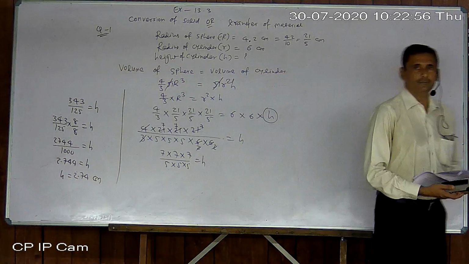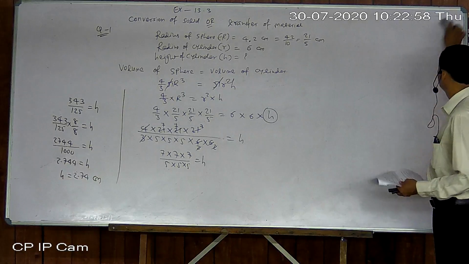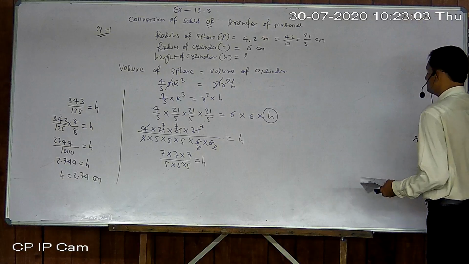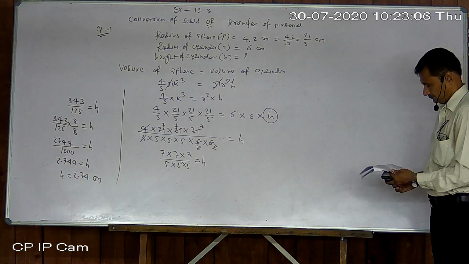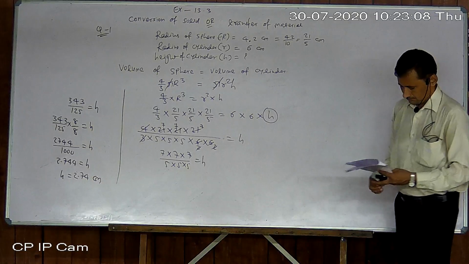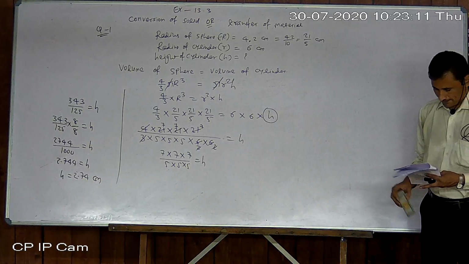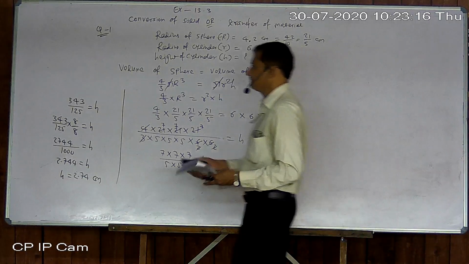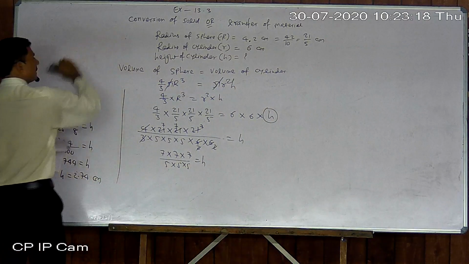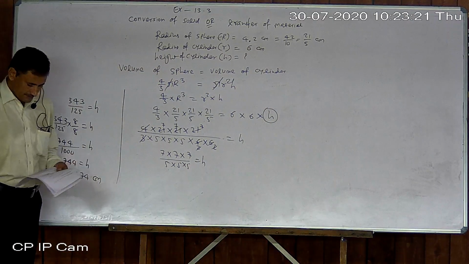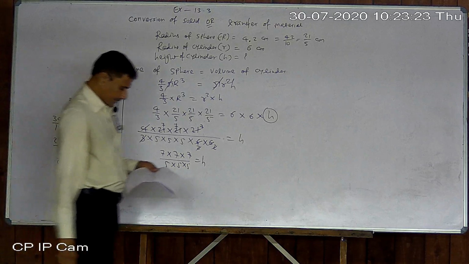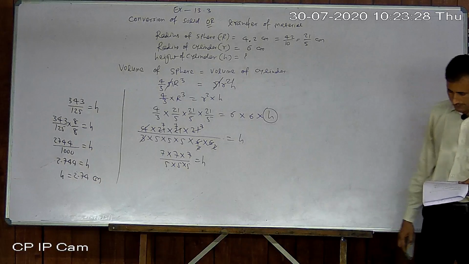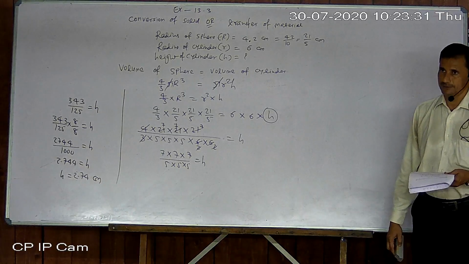Now look at number 2. In number 2, metallic spheres of radii 6 centimeter, 8 centimeter and 10 centimeter respectively are melted to form a single solid sphere.